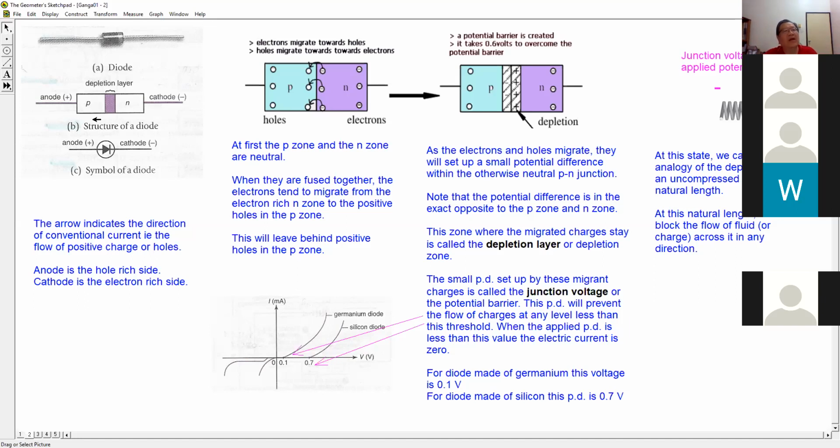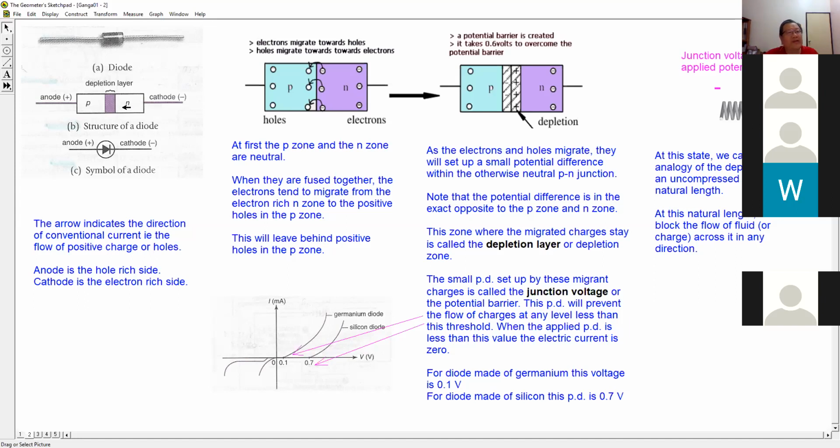So we know that there's one p-type semiconductor. This p-type semiconductor is doped in such a way that there is always a lot of holes there. Holes are just positive charge. Now there's another type of semiconductor, which is the n-type, and this n-type is doped in such a way that they produce a lot of free electrons.